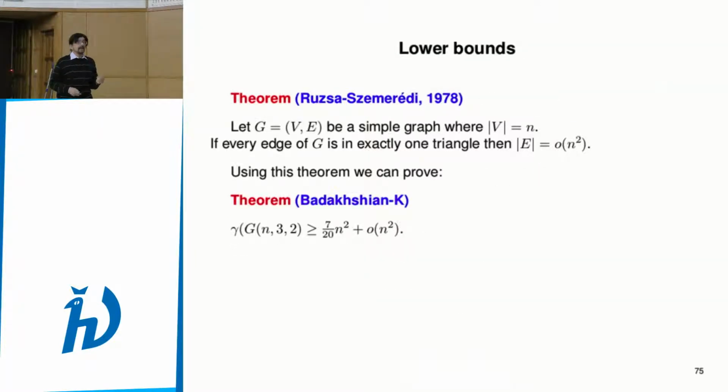And at the first step, I don't want to give the full proof at once, but step by step. So now I will only improve the constant a little bit. So this one, 7/20, which is more than 1/3, but less than the conjectured 3/8.